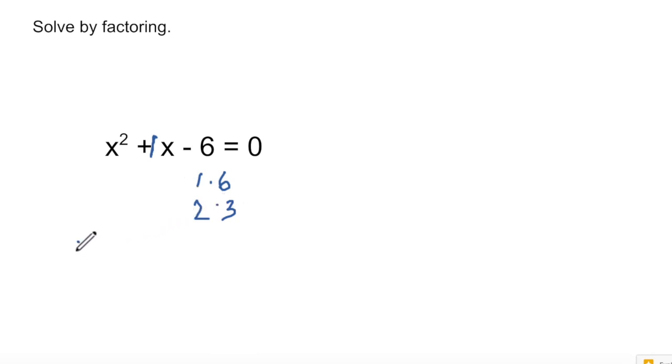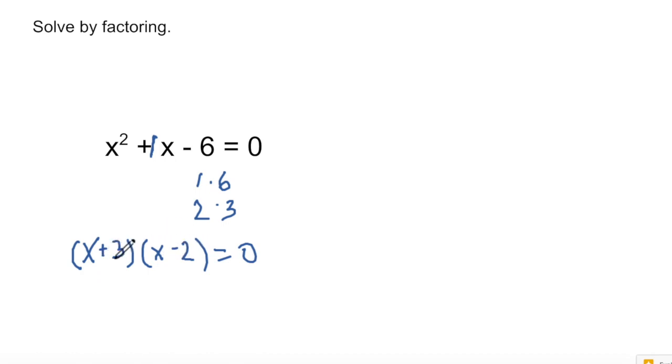So look, we can rewrite this as a product of binomials where we're going to use a positive 3 and a negative 2. So x plus 3, x minus 2 equals 0. So let's test this.